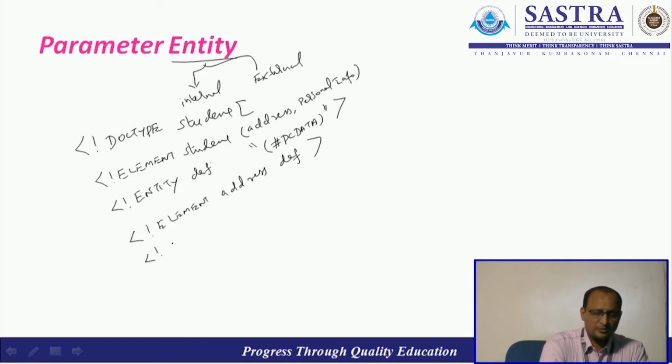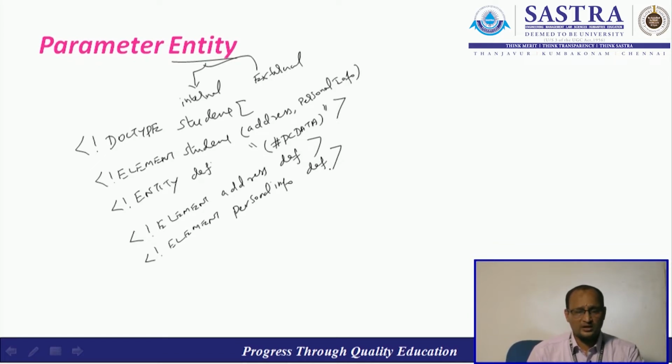And suppose we have our own definition, then it can be used for defining attributes as well as any elements. I have to define personal info. This is also def.